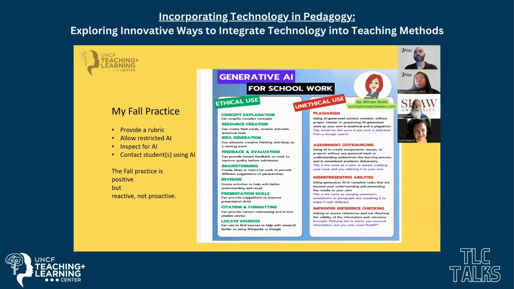So I started talking about this in my fall practice. What was I doing in class? As we entered fall, we came together as a department and accepted the Merriam-Scott rubric that you see on the screen. We all posted this in our classes. In my class, it was known that I would allow some restricted use of AI. I would inspect for it, and then I would follow up with students who might be using it.